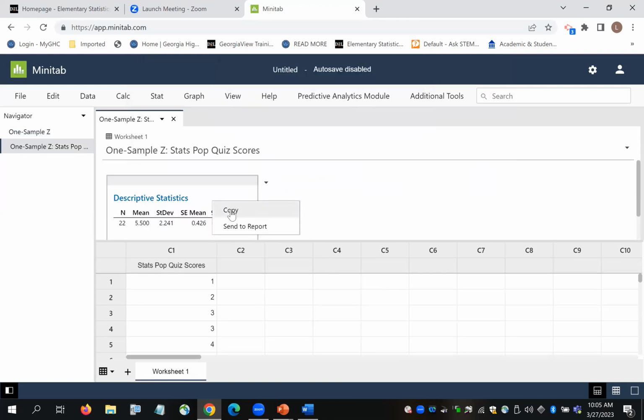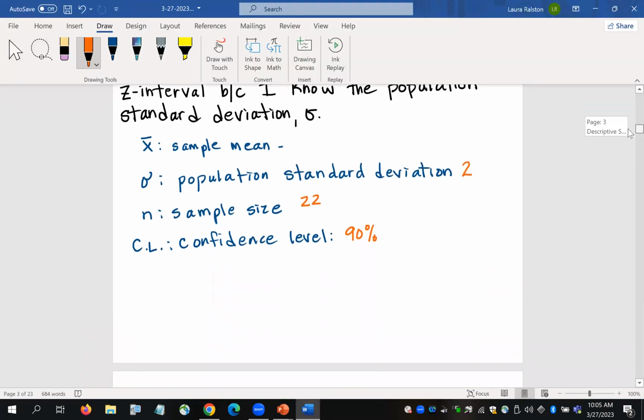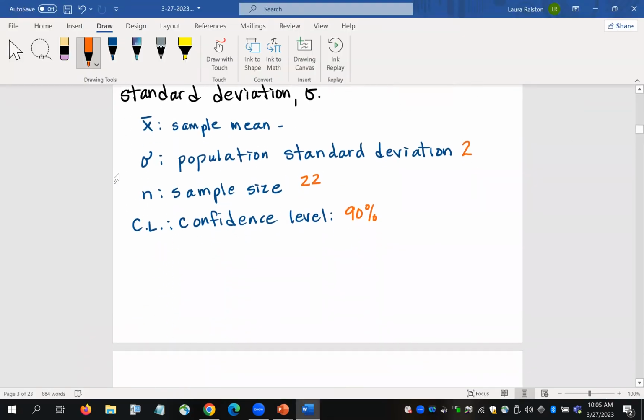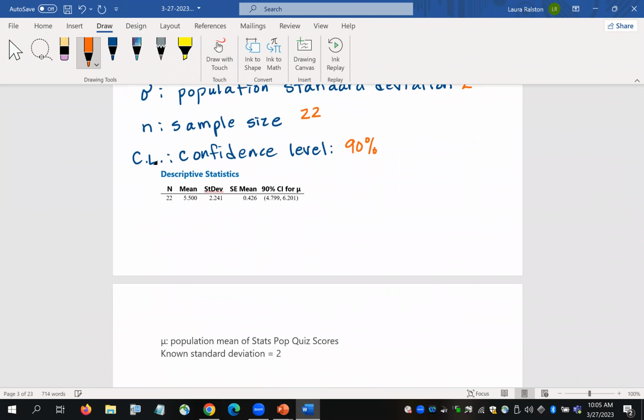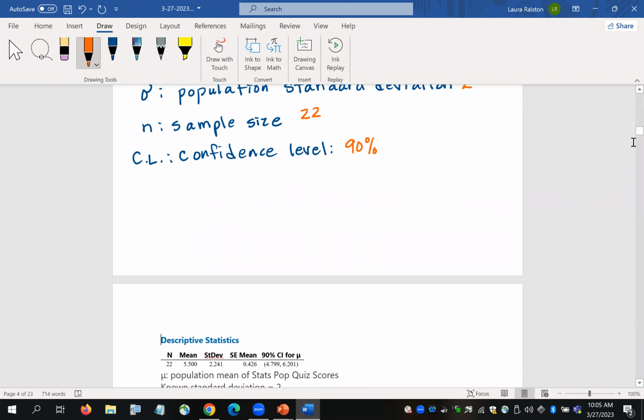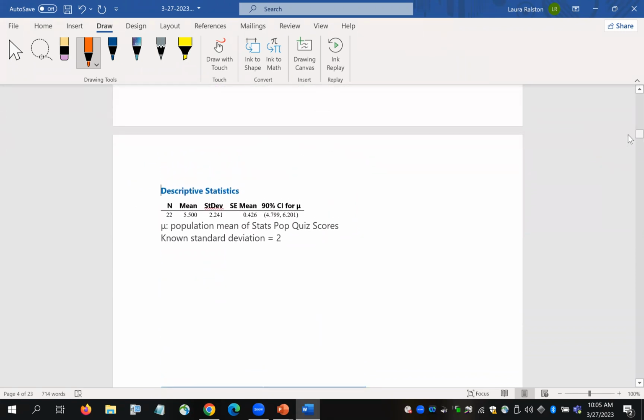And again, I get the results. Okay, so let me copy them over here. Let me scroll them down. Okay, so notice when I do these descriptive statistics, again, it gives me the N, which is my sample size.